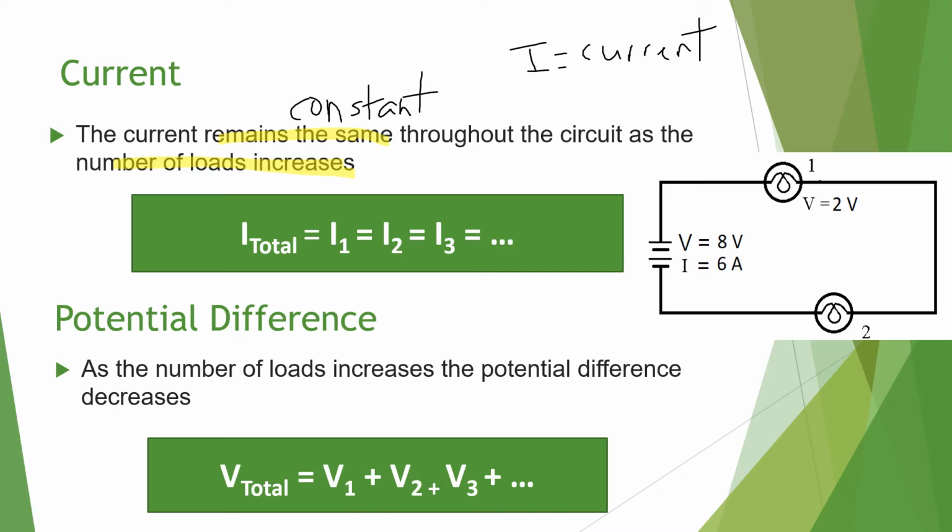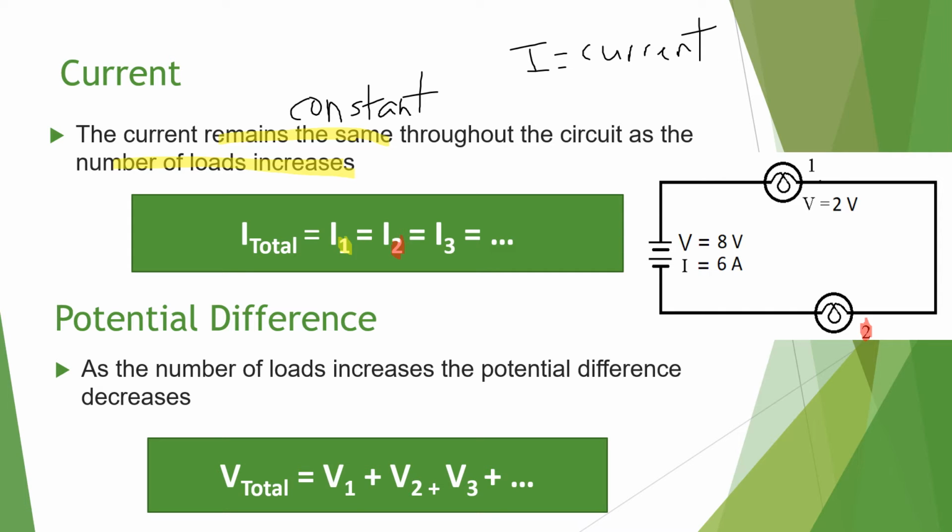Where it says I1, I just want you to see that I1 is like the first load here, and I2 would be like the second load here. So this is saying that the total current at the energy source is going to be the same at all the loads regardless of the number of loads. So the current in a series circuit is constant.